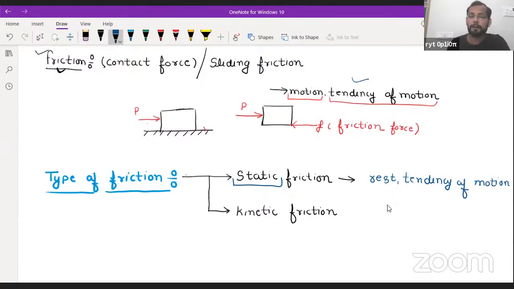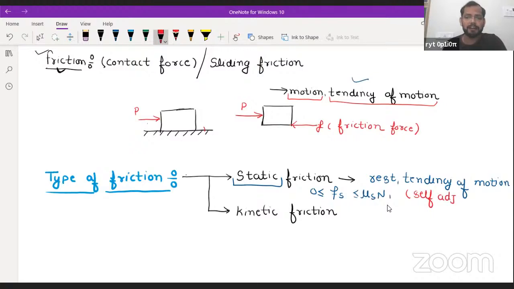And if we are talking about the magnitude of static friction, I hope you are all aware of this concept, that the magnitude of static friction lies between 0 to μs into N. So static friction is self-adjusting in nature. This is a very important point for static friction.